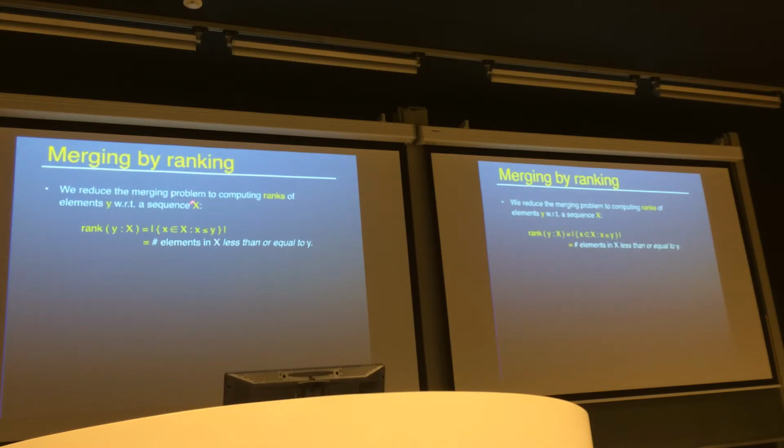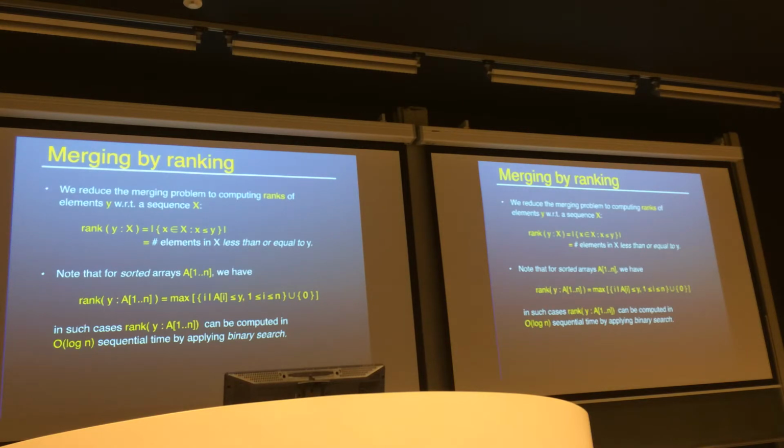So suppose we have a sequence X and we have an element i, then the rank of i in X equals the number of elements x in X such that x is less than or equal to i. Okay, that's a very easy definition.